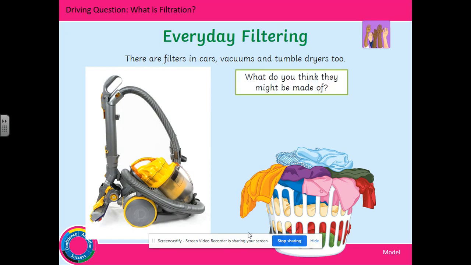But a question for you, what do you think they might be made of? And what do you think they might be filtering out? Now, you can pause the video, ask yourself these questions. Ask your mothers or your fathers these two questions.